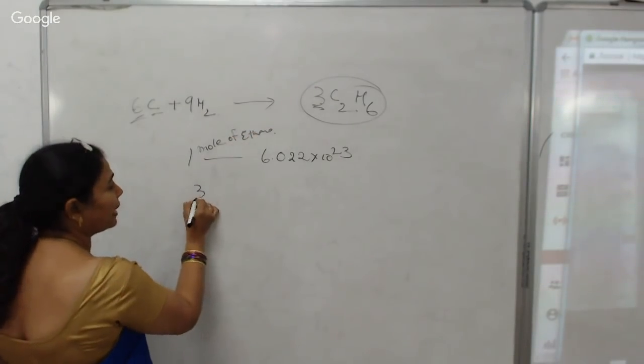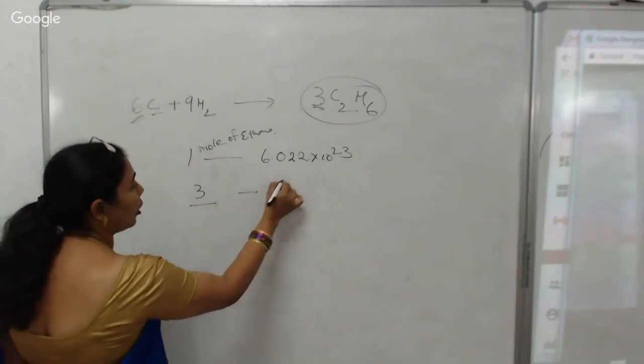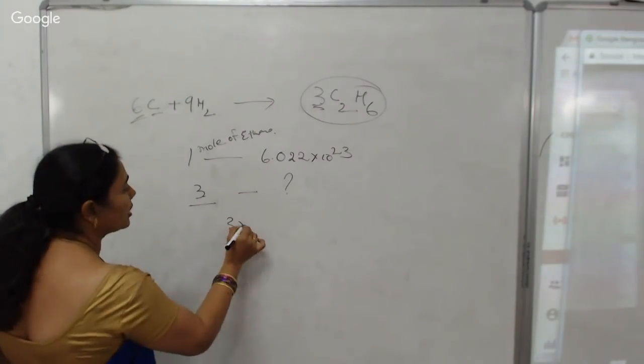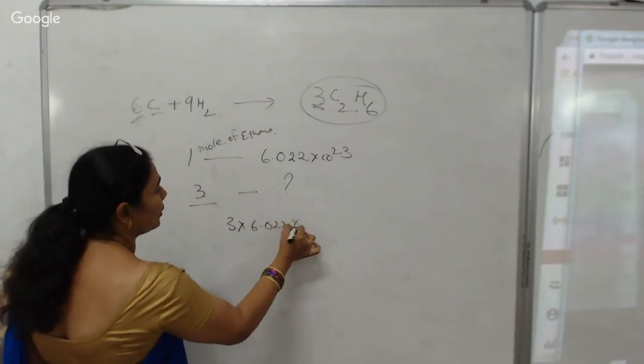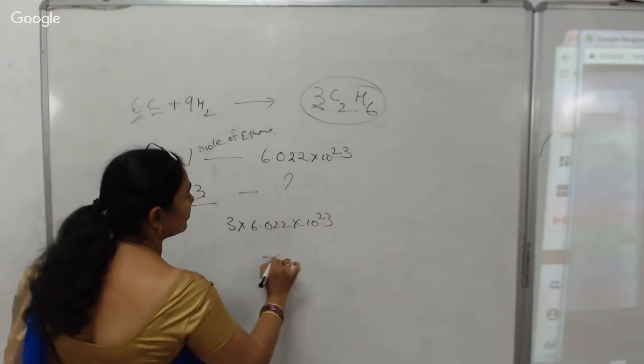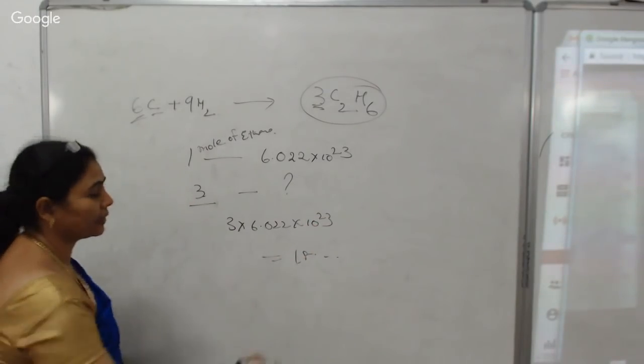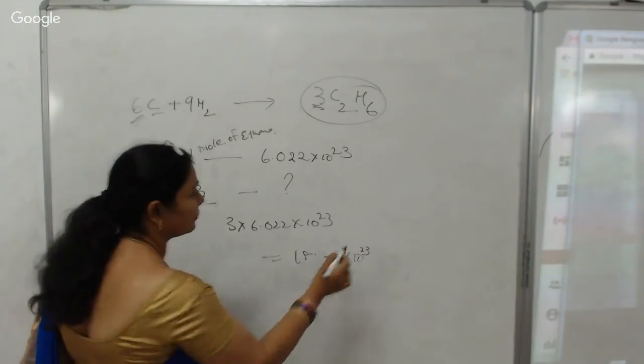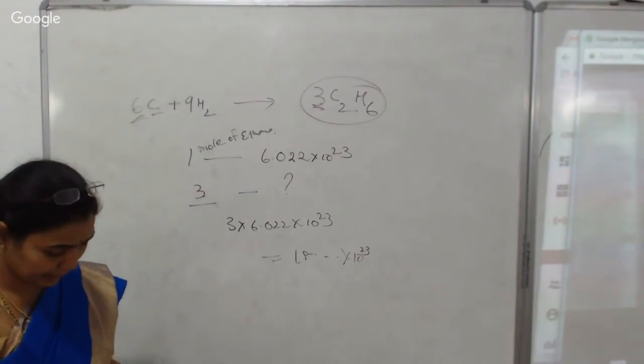Suppose you take 3 molecules of ethane, how many Avogadro numbers is that? 3 into 6.022 into 10 to the power of 23. So 18.066 into 10 to the power of 23. Please write that.